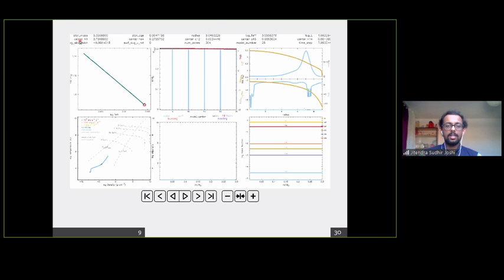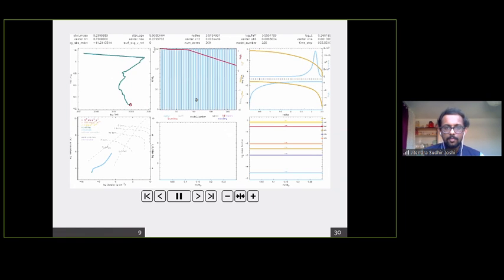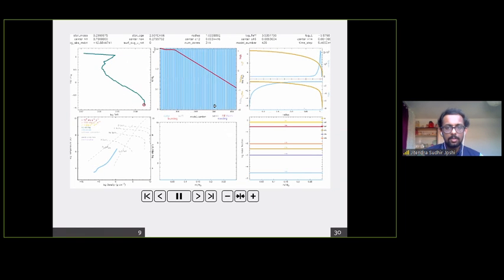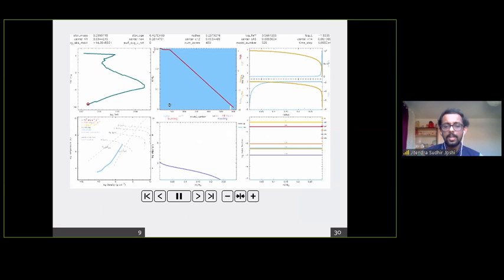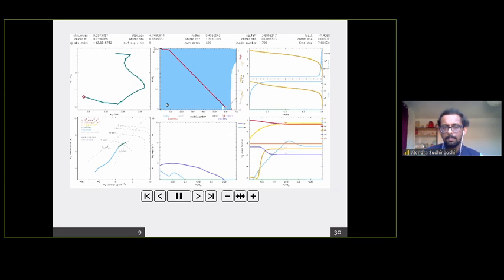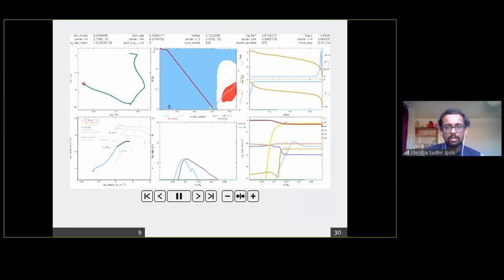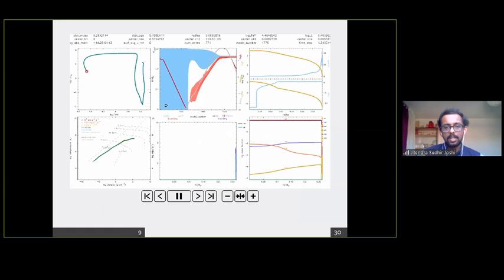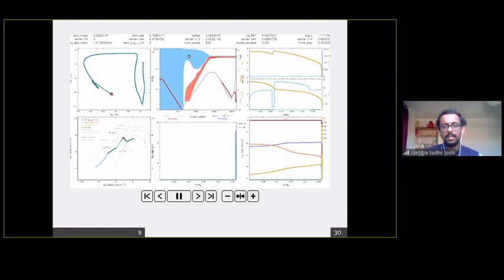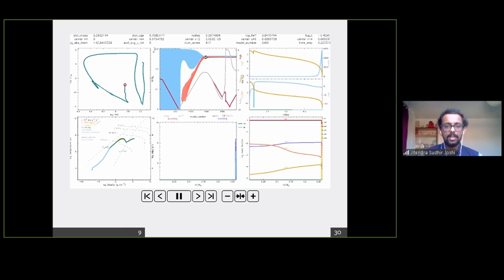But we'll just look at some of these processes. So yeah, you can see how the star evolves. Now this blue is the convective envelope. As you can see, in the early part it's completely convective, and in the later part it's not as convective.